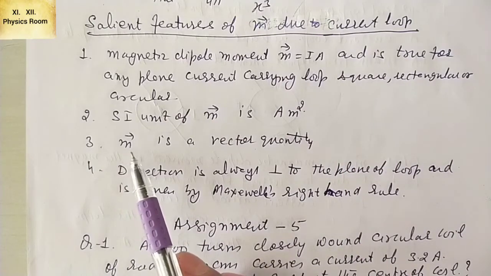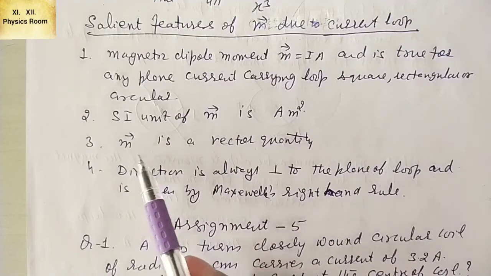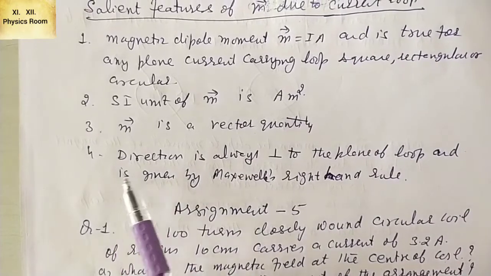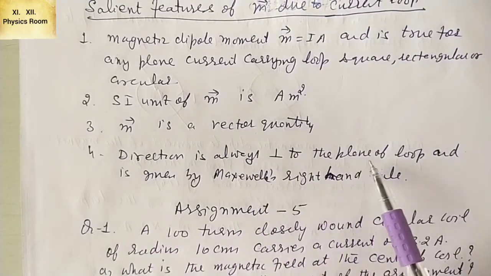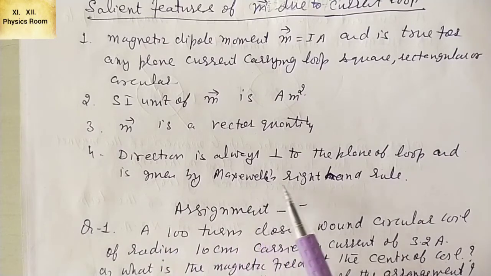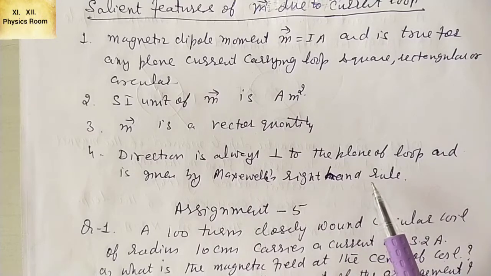Third, M is a vector quantity. It has direction. Fourth, the direction is always perpendicular to the plane of the loop and is given by the right-hand thumb rule, which you have already studied in the Oersted experiment.